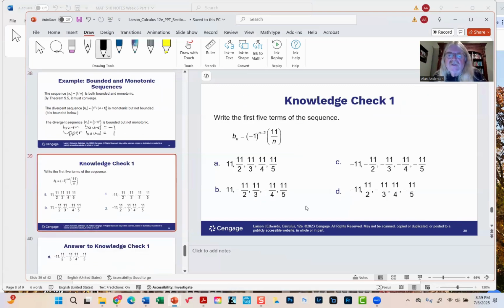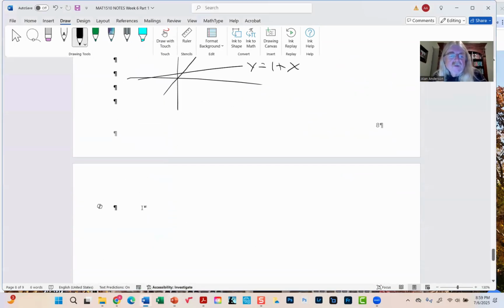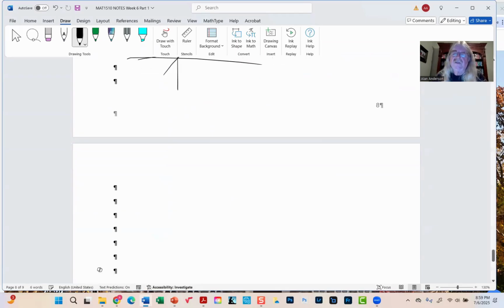All right, so this one looks pretty straightforward. They're surprisingly simple because you're literally just plugging in the index into the formula.